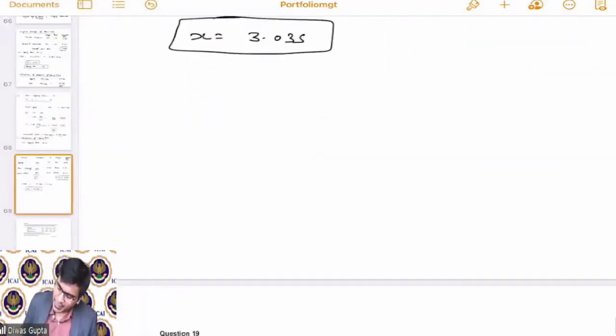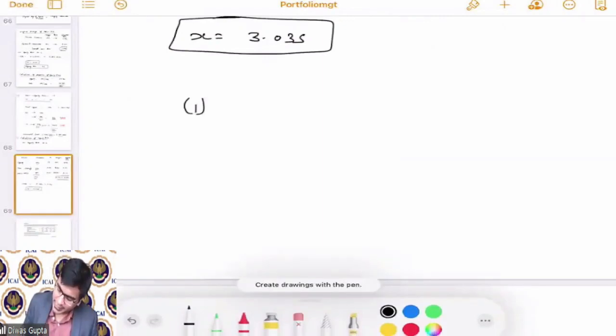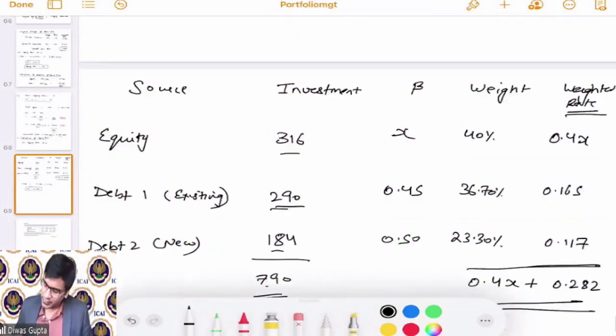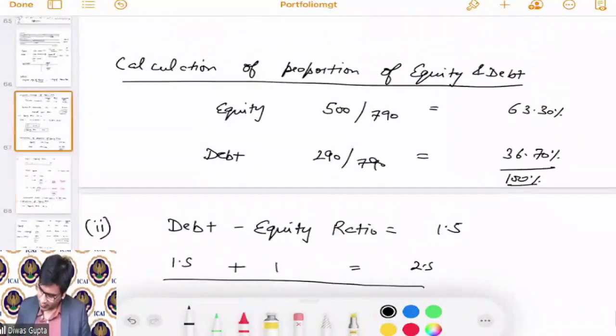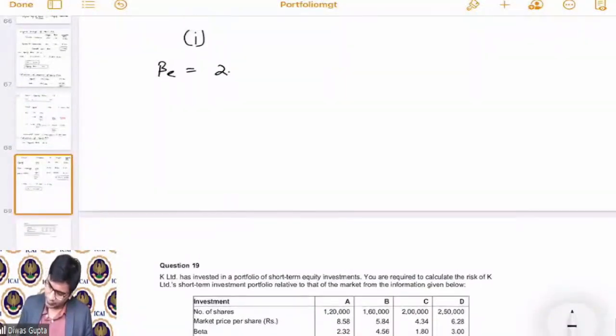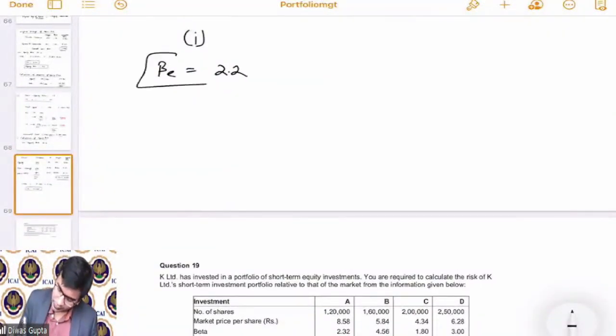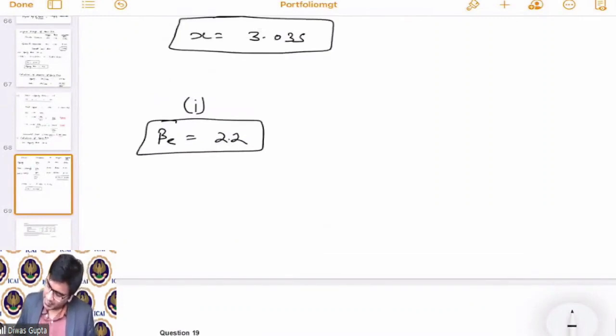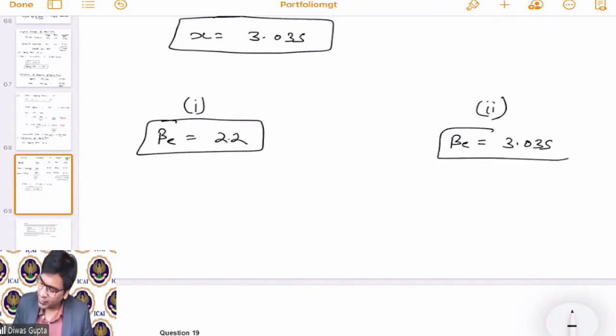So the first part, we said that beta of equity is how much? 2.2. The second part, the expected beta on equity is getting increased to 3.035.